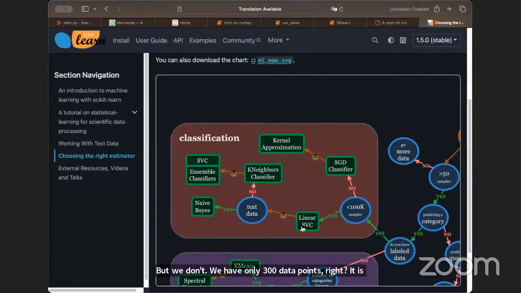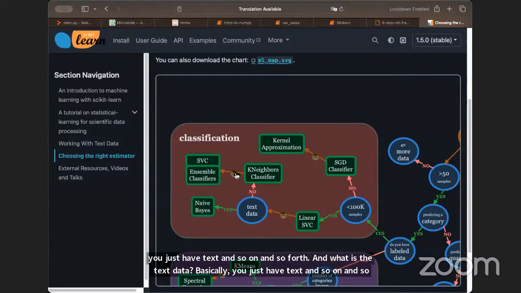Then we can use linear SVC. And is it text data? If yes, we can use naive Bayes. No, it is not text data. Then we use KNN. What is text data? Basically, you just have text and so on and so forth. And what is non-text data? Maybe you have much more structured data. So you can use KNN.